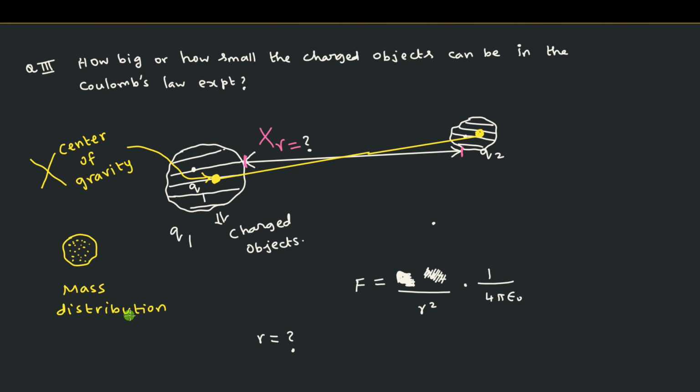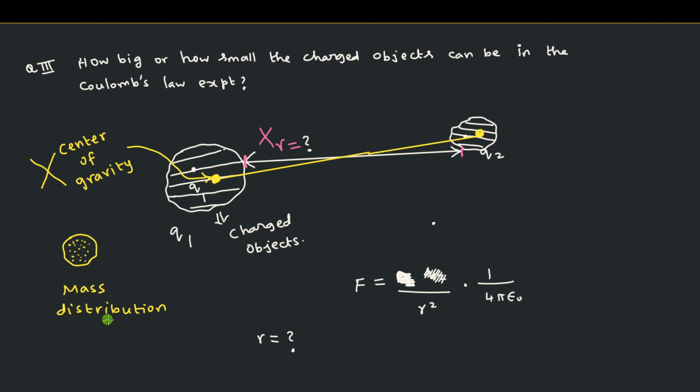What is meant by mass is that one sand particle will have a mass m1. The second sand particle will have a mass m2. Like that, you have taken something like 10,000 sand particles and made it a spherical ball. Therefore m1, m2, m3 are the different masses which are distributed in different places.